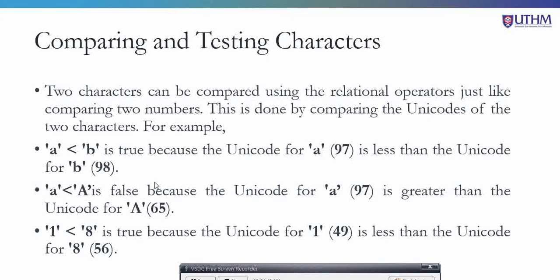What it will do, it will convert a to decimal value. So by referring to the ASCII table, a is 97 and b is 98. So is it valid? Is 97 here less than 98?